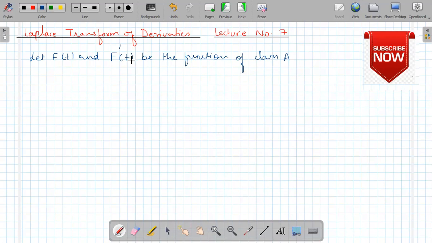This property makes sure that the Laplace transform of these two functions will exist.